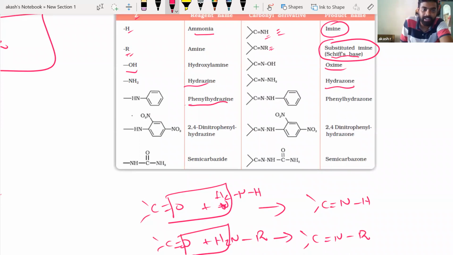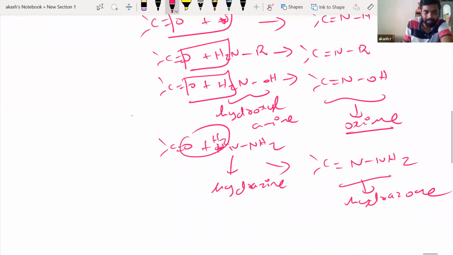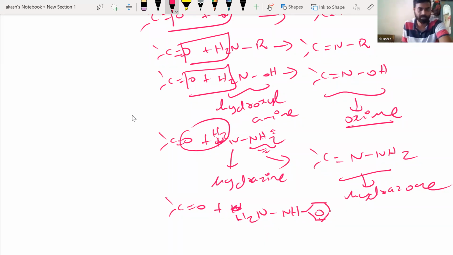Next comes phenylhydrazine. What is phenylhydrazine? It is very simple, people. Now what we have is this C double bond O plus H2N, and now Z is going to be NH. If it is NH2, it is hydrazine. I remove one more hydrogen from this and go for one phenyl, like this.